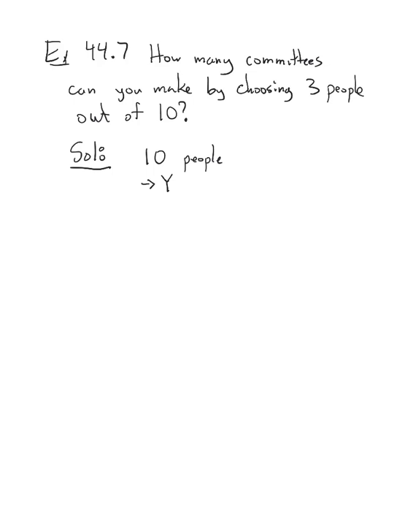So Y means on the committee, and N means not on the committee. So they are both states that these people can be in, and how many people are in each state.